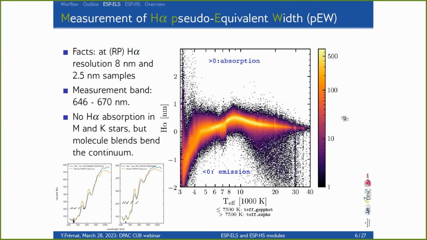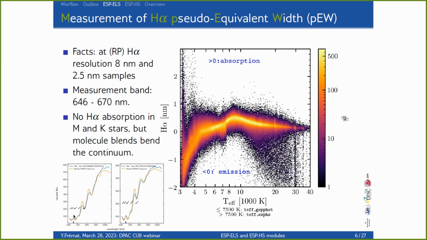Of course, when we see this for the first time, we could think, well, okay, there is emission here. But the truth is that it's just an effect of the blending of all these molecular bands that appear in these very cool stars.